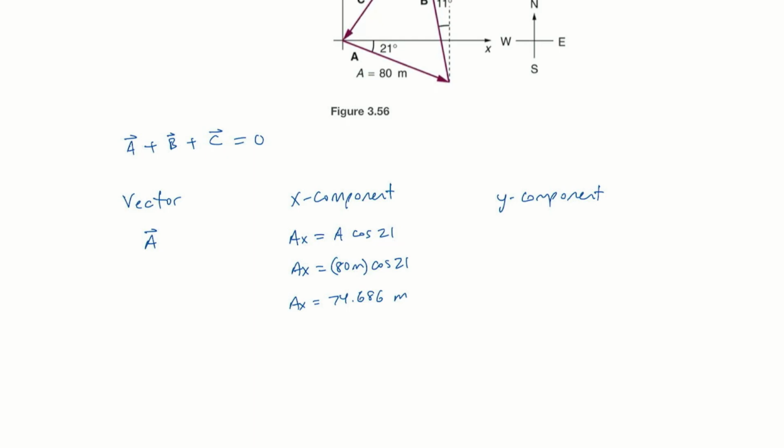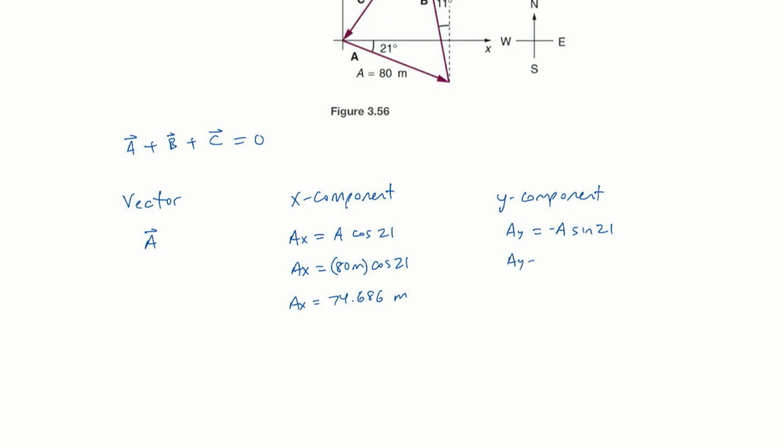Probably should only keep 4, not 5, but let's do AY, which is going to be A sine 21. And now we need to add a minus sign to this because we can see from the figure that the y component is down, so it's going to be negative.